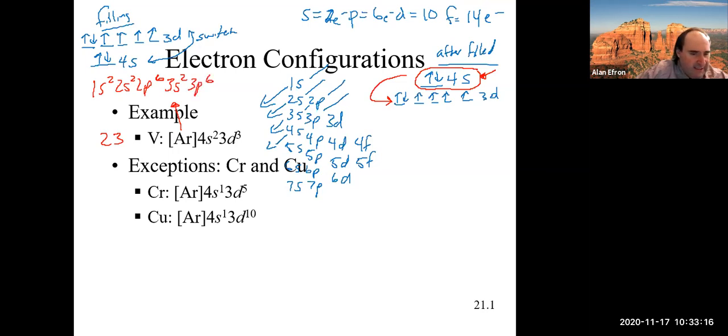And that's 18 electrons. Continue on, 2 more is 20, and 3 more is 23. Again, you see that the S's here come first, then the D's when we write the electron configuration. If you wrote it all the way out, it would look something like this.